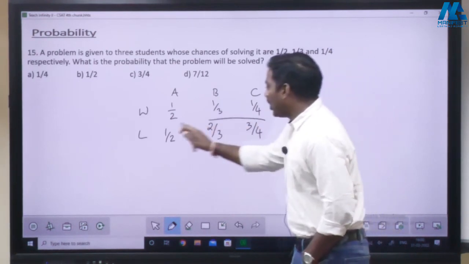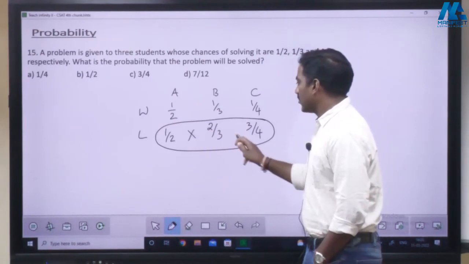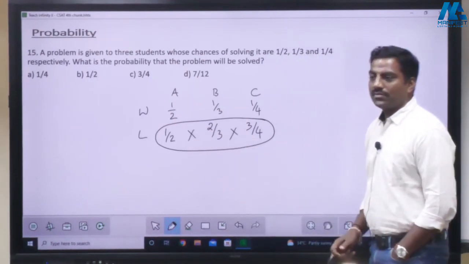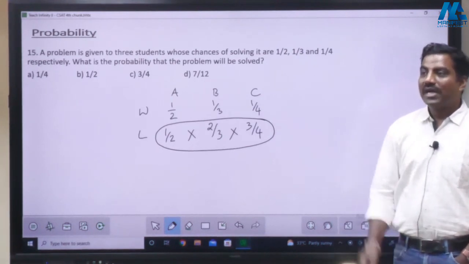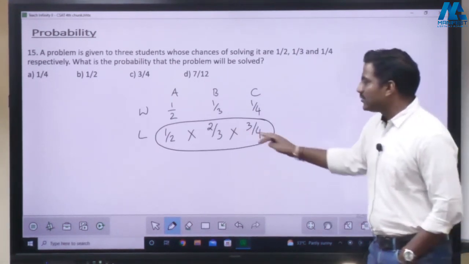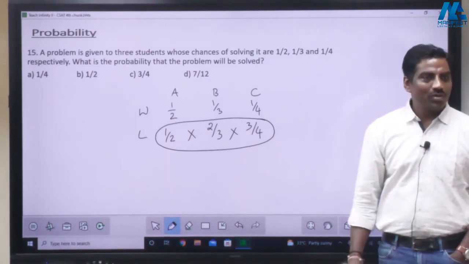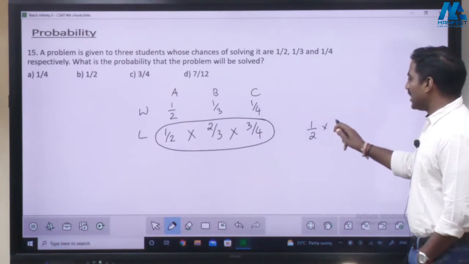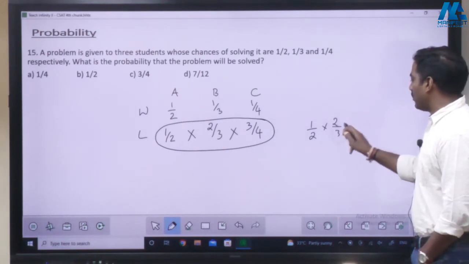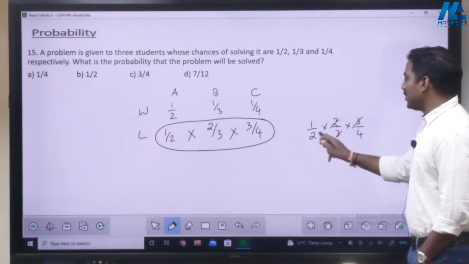So chances of all of them losing. In all other cases they will solve, no? At least one will solve. At least one head will come. In this case we are getting all tails. All are losing. Yes or no? So here chances of losing, or chances of not solving the problem, is 1/2 into 2/3 into 3/4. 3 gets cancelled, 2 gets cancelled.